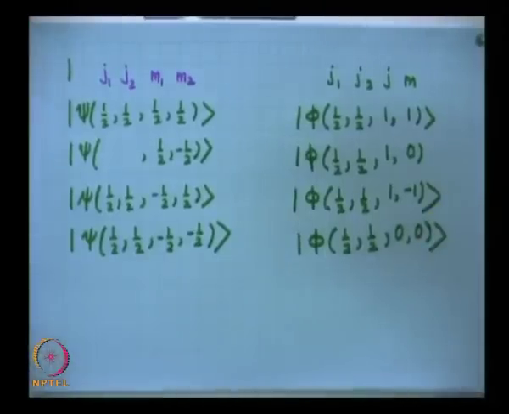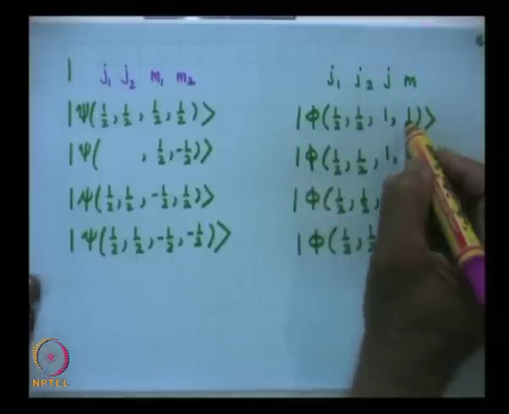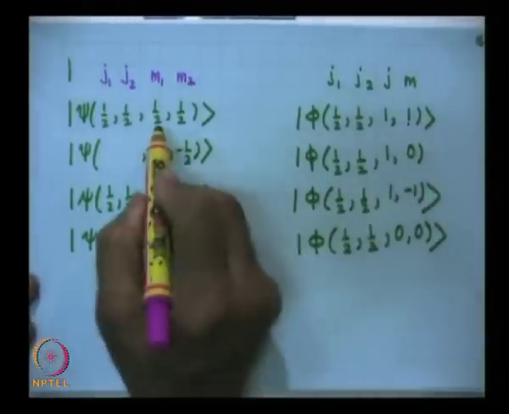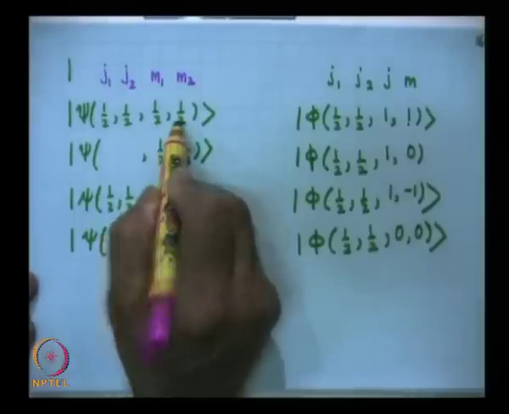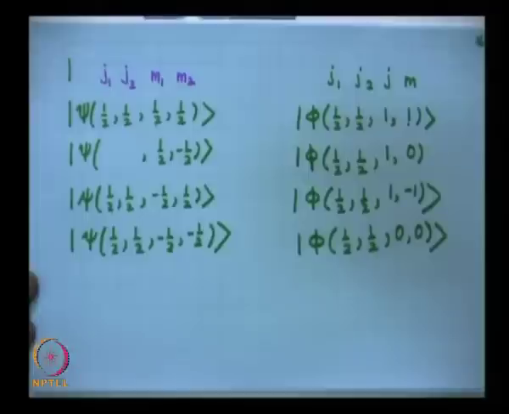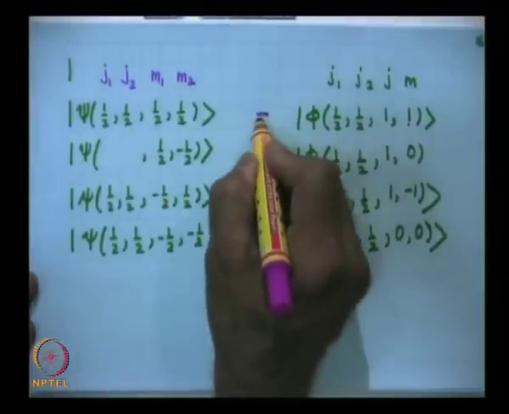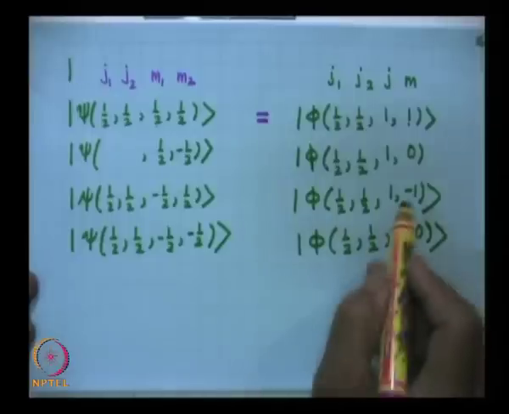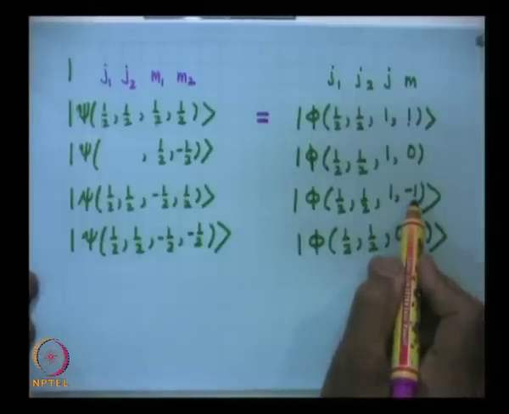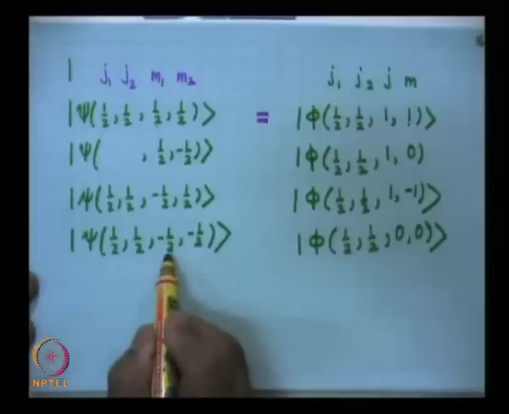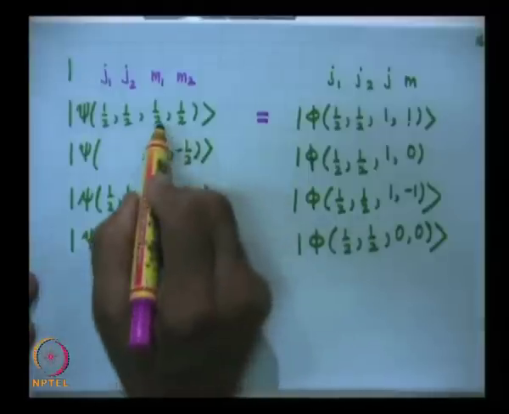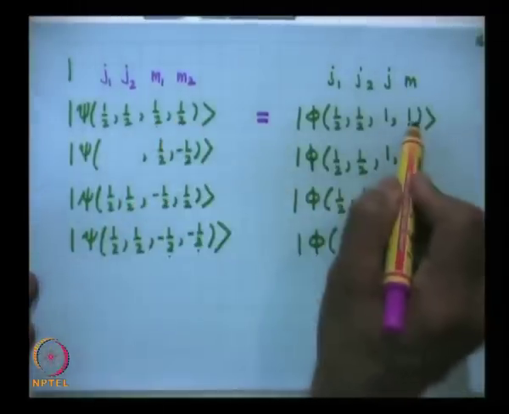Now, you see when m is equal to 1, m 1 has to be half and m 2 has to be half. So, this must be equal to this, and when m is equal to minus 1, then m 1 has to be minus half, m 2 has to be minus half, because this plus this must be equal to this.